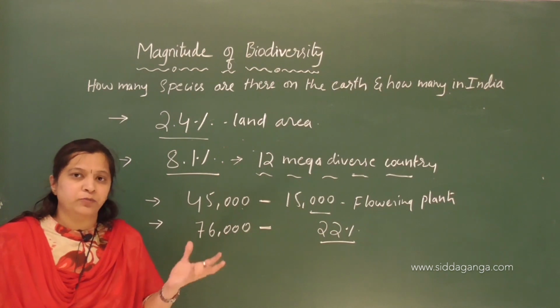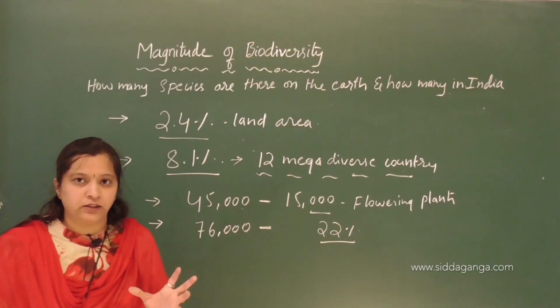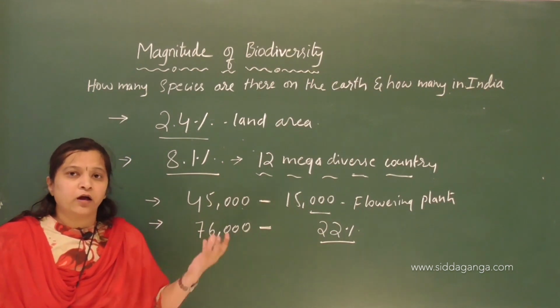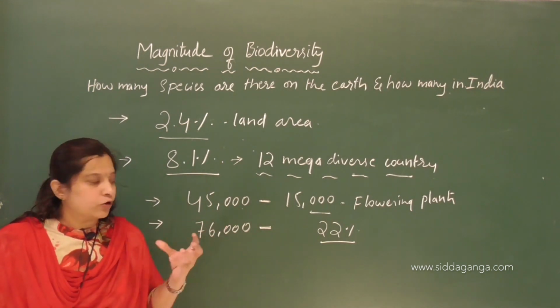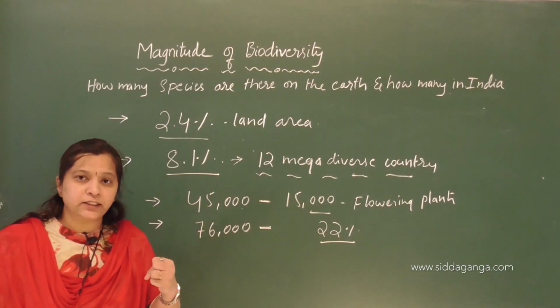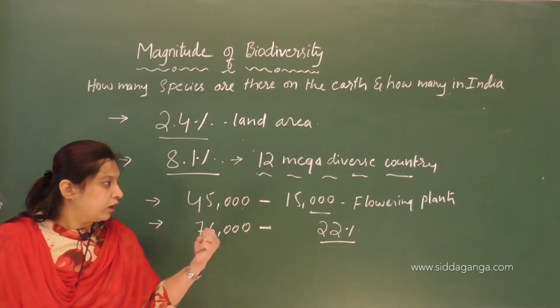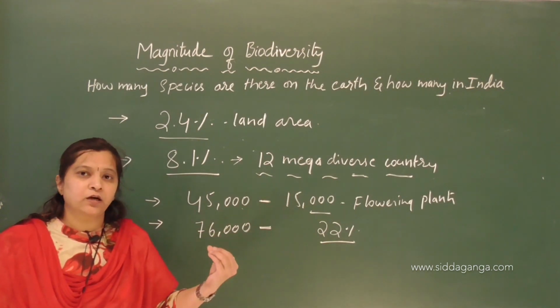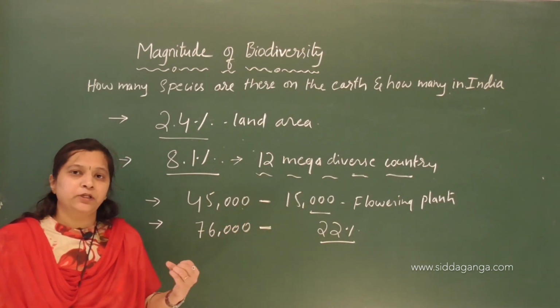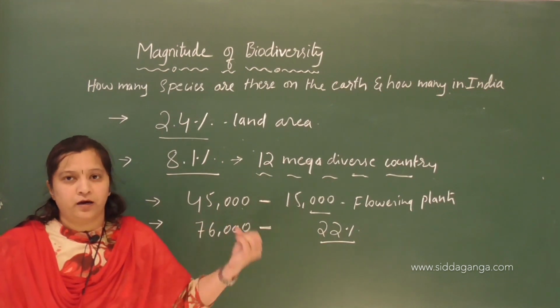So this many species might be present on the earth, but not all species of plants and animals have been discovered and described. Only 22% of the plants and animal species have been discovered and described.